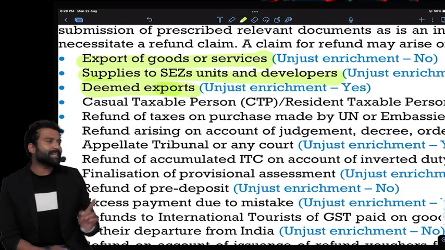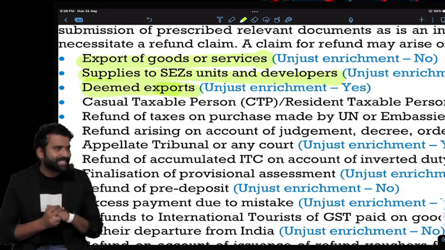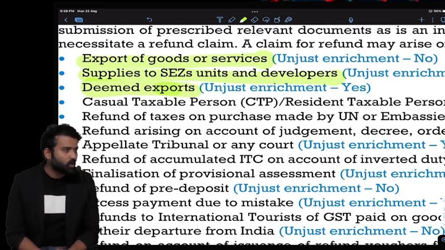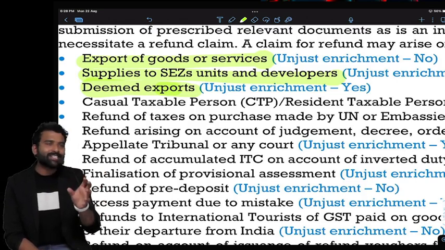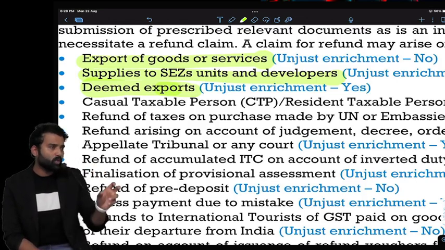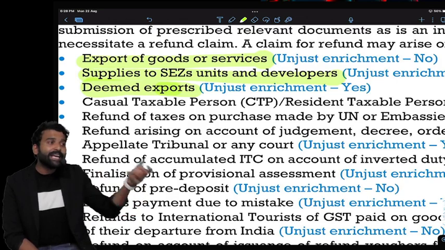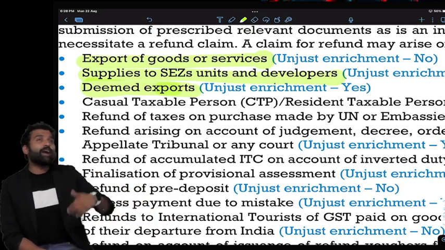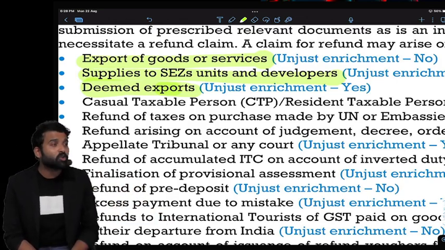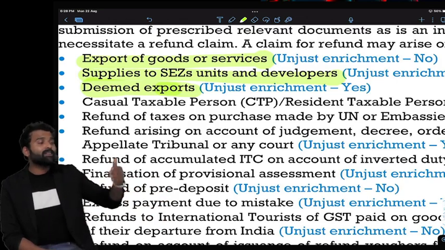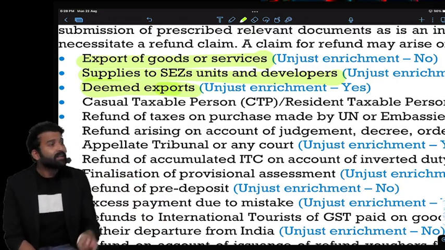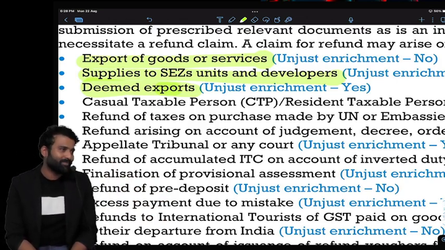There is one more section, section 147 of the CGST Act, that talks about the deemed export, and according to that section, supplies to EOU, STP, EHTP, or supplies to a person having an advance authorization, supply to a person holding an EPCG certificate, that is basically deemed export.